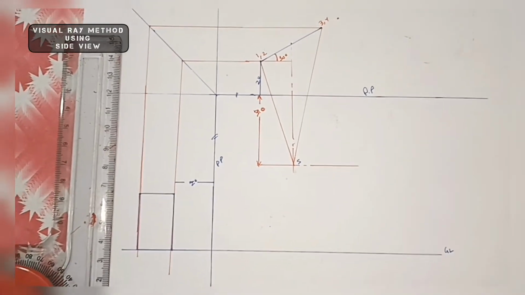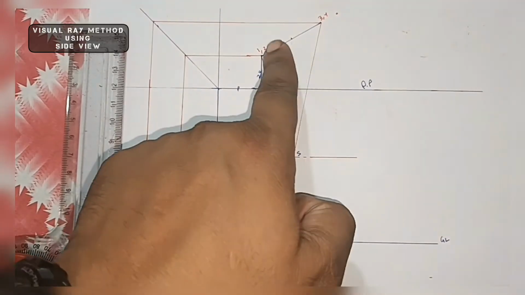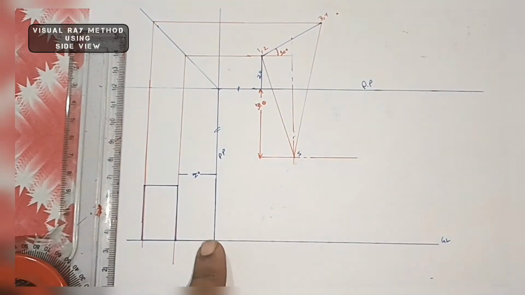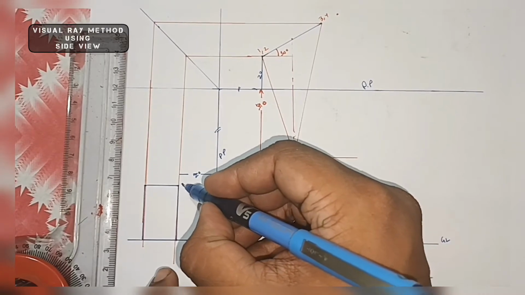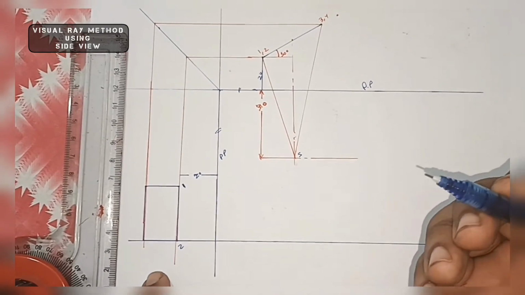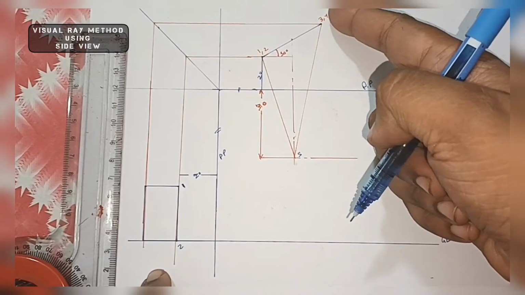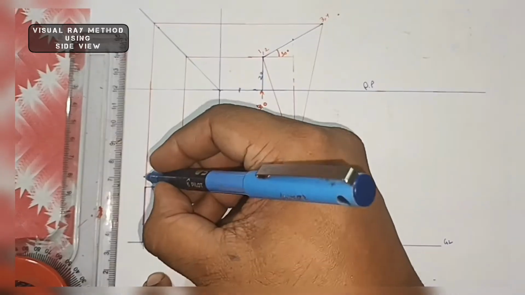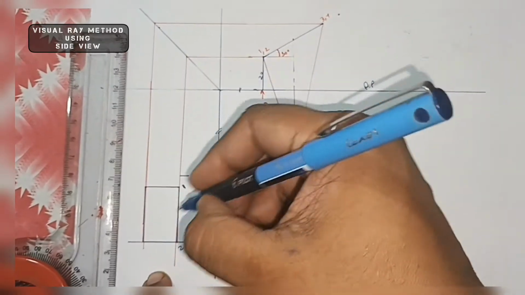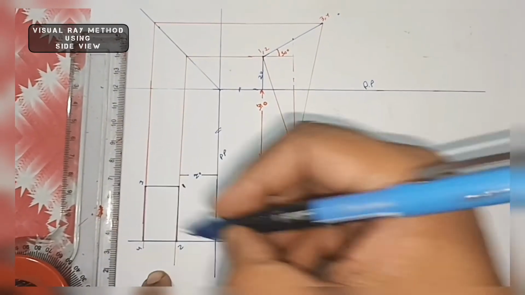As these points 1 and 2 are nearer to the PP, these are 1 dash, you can say 1 and 2 simply, and these points are far away from the PP, so we will assign them as 3 and 4.